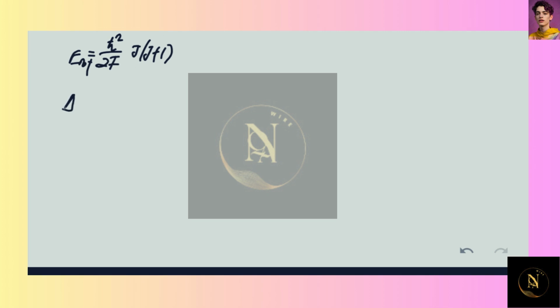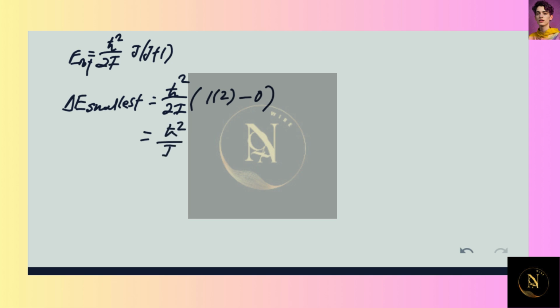That will be the smallest possible energy difference, which is h bar squared over 2I times 1 times 2, minus J equals 0, which is just 0. So this is h bar squared over I.